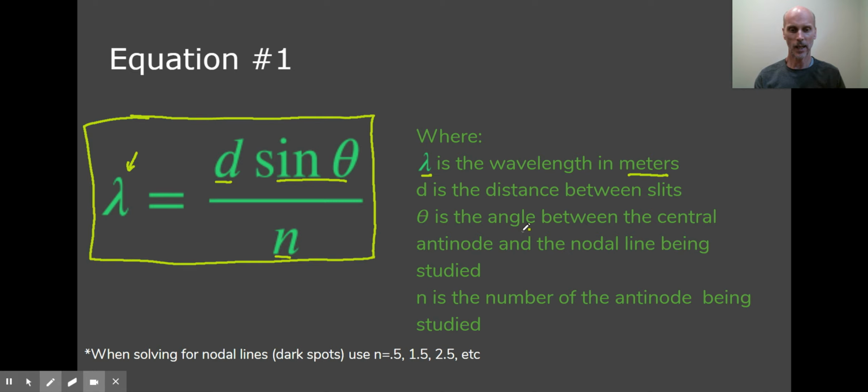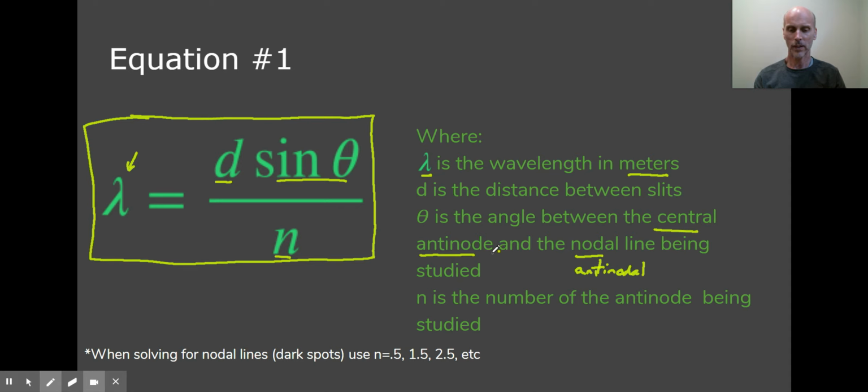Theta is the angle, but more specifically, it's the angle between the central antinode, the central region where we got these huge crests and troughs, and whichever nodal or antinodal line is being studied. And n is the number of the antinode being studied. We really should talk about antinodes to start with.